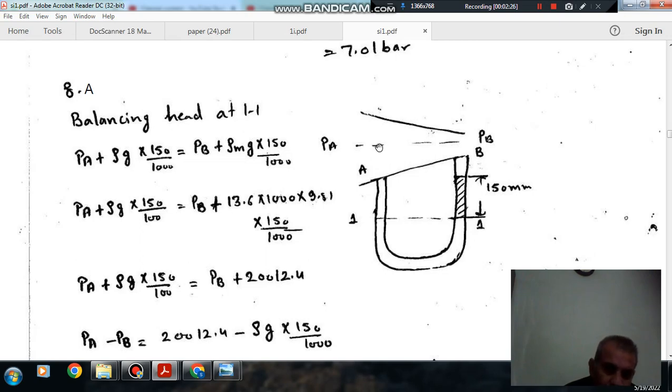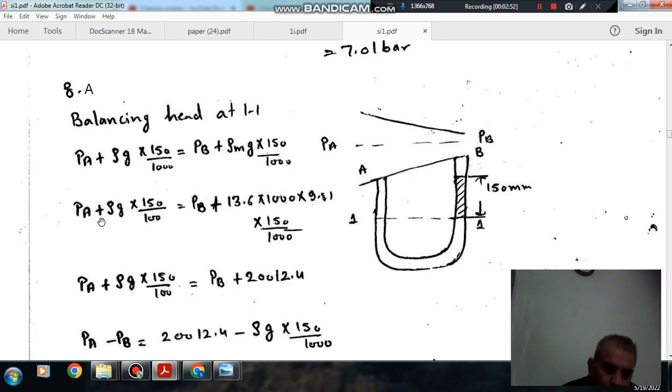At location A the pressure is PA, and this is rho g into 150 by 1000, and here the pressure is PB. This pressure has been cancelled out from this. So we'll take the mercury pressure rho m g into 150 by 1000.